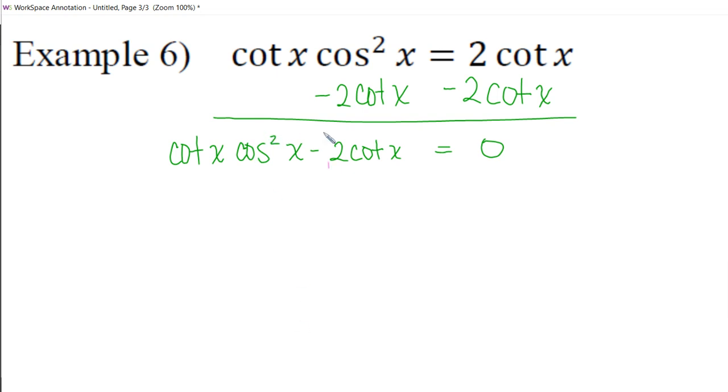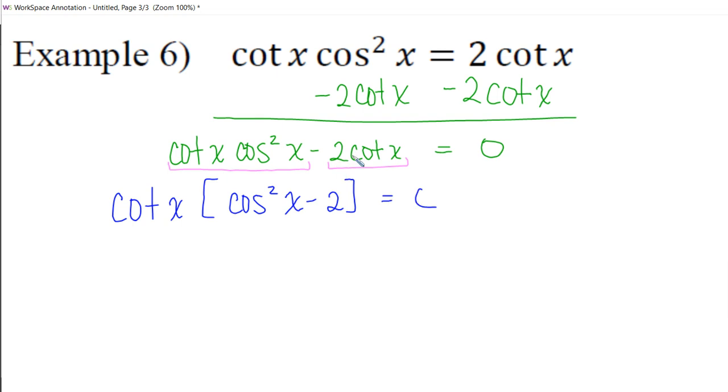Now, when you look at both of these terms, it is not going to be quadratics. However, we have common things on both of these terms, which is cotangent. So we'll go ahead and factor that cotangent of x out. When I do, I'm left with cosine squared x minus 2 equal 0.